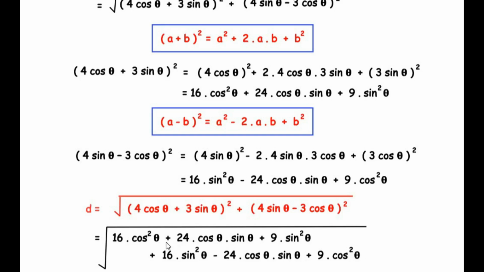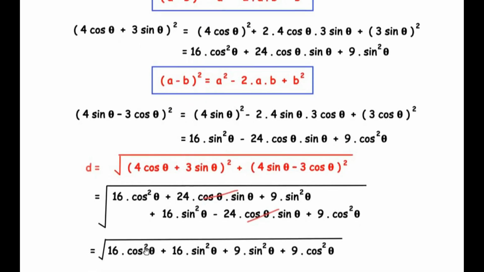Now here we can see that plus 24 cos theta sin theta cancels minus 24 cos theta sin theta. That is, they will subtract each other. So we are left with square root of 16 cos square theta plus 16 sin square theta plus 9 sin square theta plus 9 cos square theta.